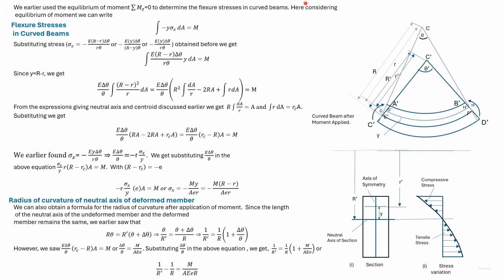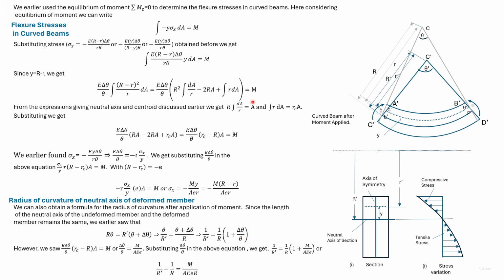We have expressed this equation in terms of ratios here. We then divide both sides by theta. We have therefore obtained 1 divided by r dash in terms of 1 divided by r. This relation is in terms of delta theta by theta.